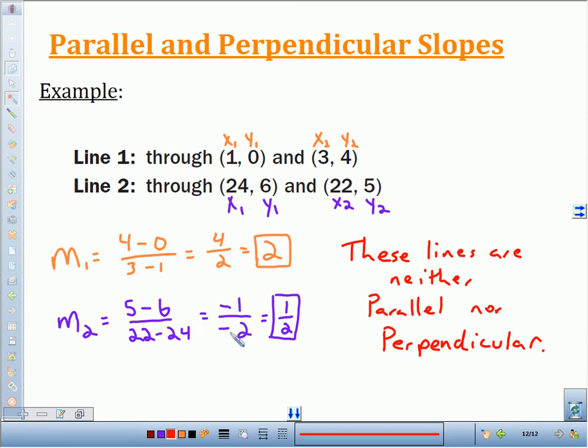Well, having a negative on both top and bottom of the fraction canceled them out, and we were left with the slope of 1 over 2. However, 2 and 1 over 2 are not opposite reciprocals. They're very close because they are reciprocals, but they're not opposite. They're obviously not the same number. 2 does not equal 1 over 2. They're not opposite reciprocals, so these lines are neither parallel nor perpendicular.